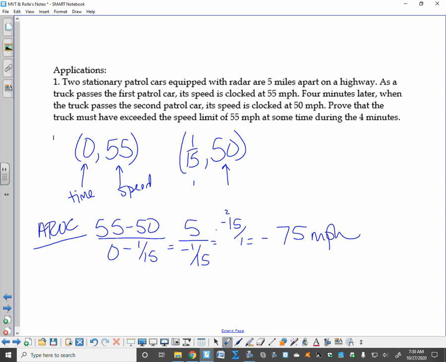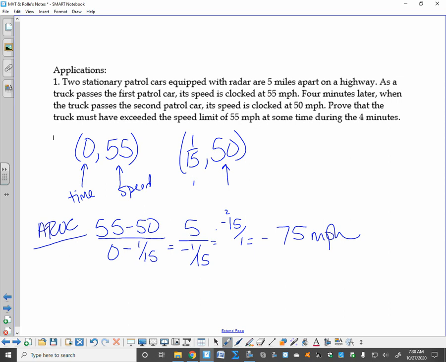Therefore, the truck must have gone 75 miles per hour at some point during those 4 minutes. I don't know when. I'm not trying to find the when. I'm just trying to prove that it exists. And an MVT will not only find it, but it'll also state its existence.